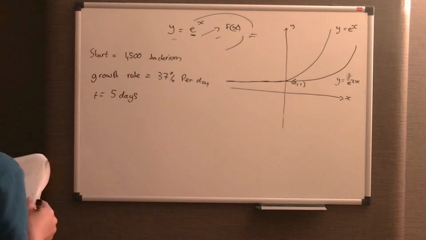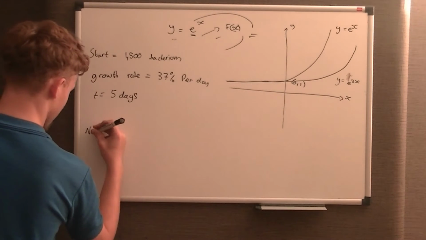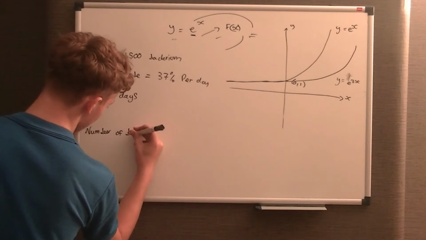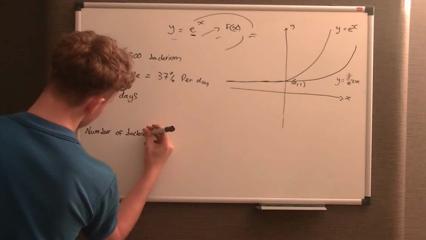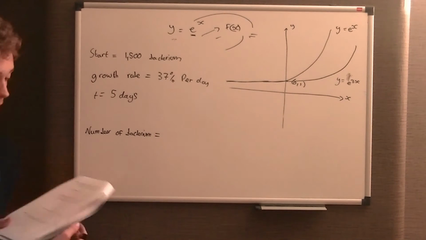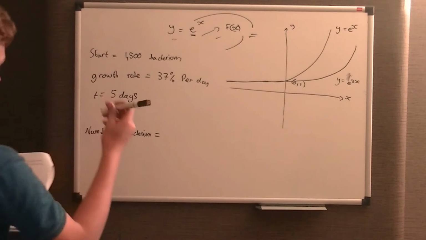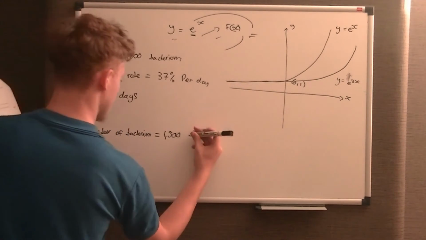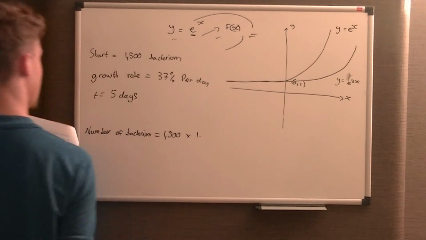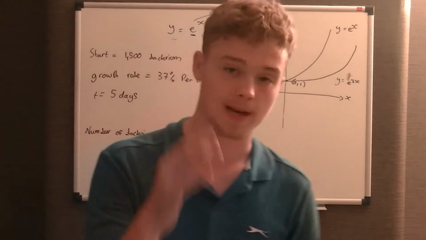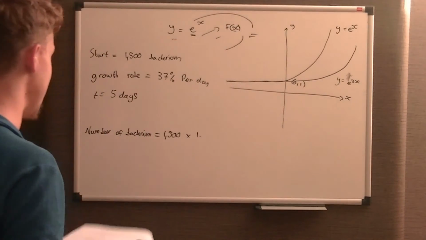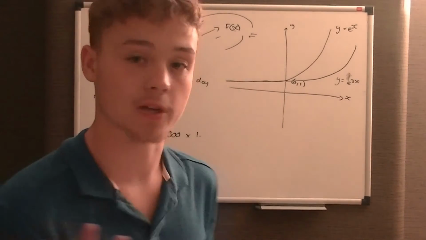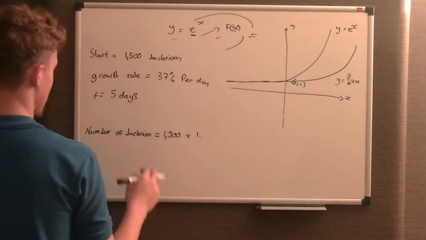So what we're saying here is the number of bacterium, because that's what we want to find out, equals our start of 1,500 bacterium times 1 point. Now it's not times 37 and it's not times e, because e to the power x is just the standard exponential function, but we can adapt it to suit.